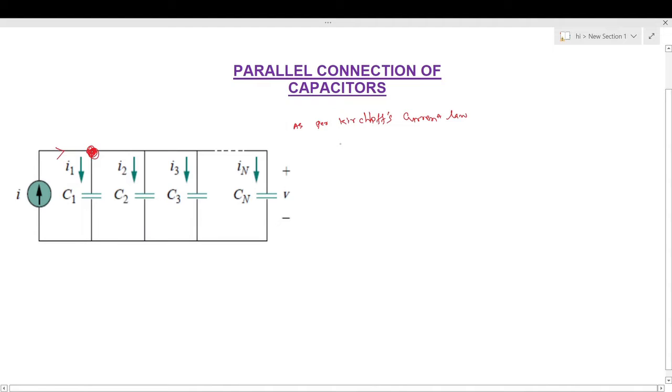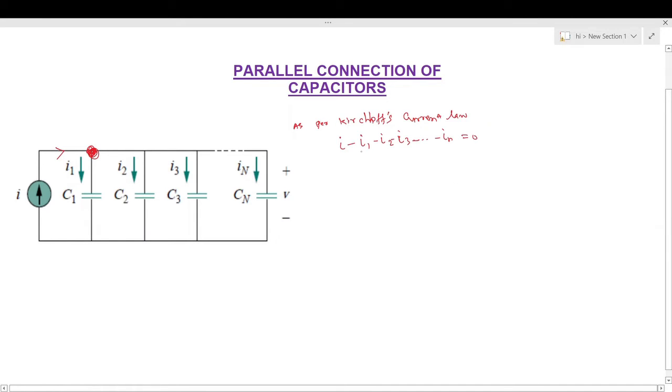So incoming current I is written as positive, and all the rest are outgoing currents, written as negative. So I minus I1 minus I2 minus I3 and up to minus IN is equal to 0.